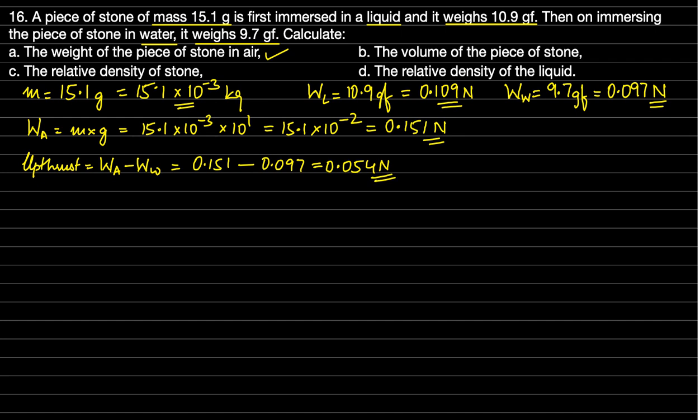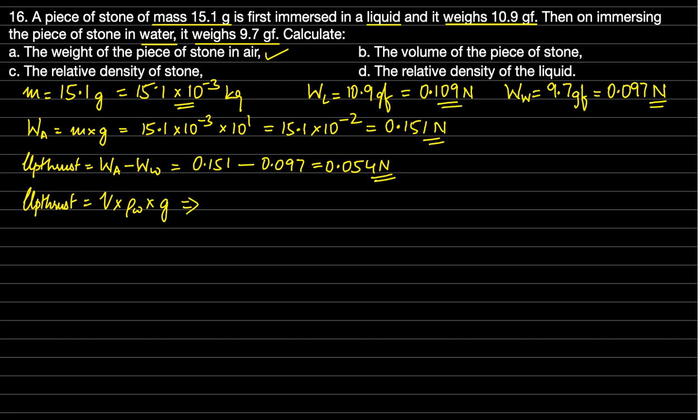So now we know another formula for upthrust, that is upthrust is equal to V rho g. So I would be using that. Upthrust is equal to V into rho. Here it will be density of water, please remember, into acceleration due to gravity, because it is being immersed in water. So here I would be finding the value of volume from here.